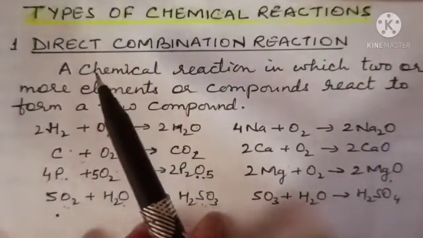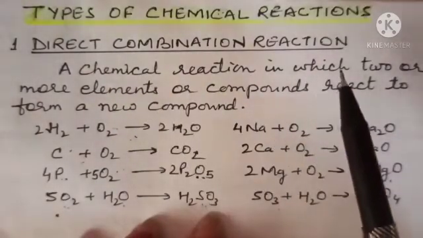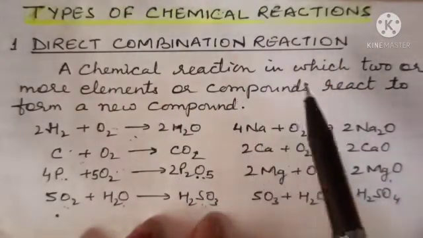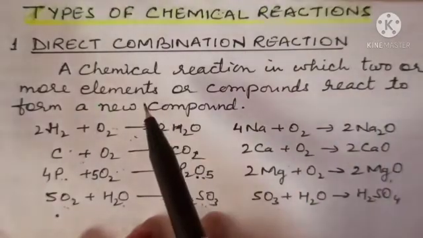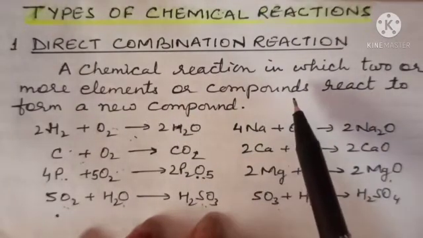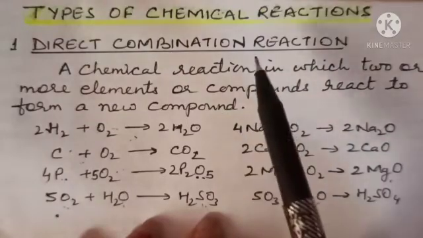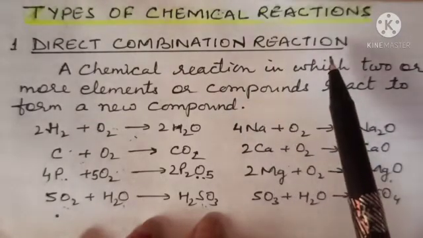Okay, now first is direct combination reaction. Now what is direct combination reaction? A chemical reaction in which 2 or more elements or compounds react to form a new compound is known as direct combination reaction.